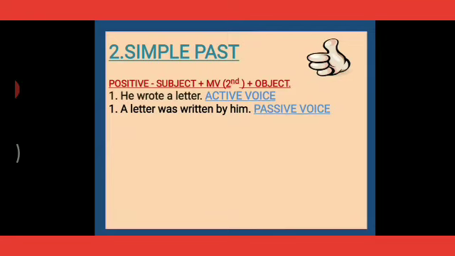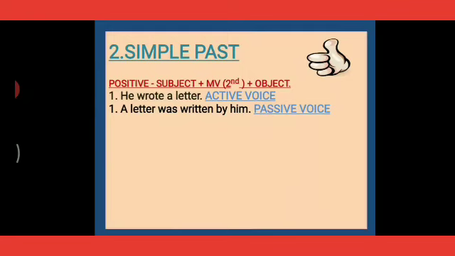Now the question comes, ma'am, what verb will we use to make it passive voice? So my dear children, in place of second form, we will put was, were plus third form. Mention this in your copy. Was, were plus third form. To convert a simple past active sentence into a passive sentence, what do we do?